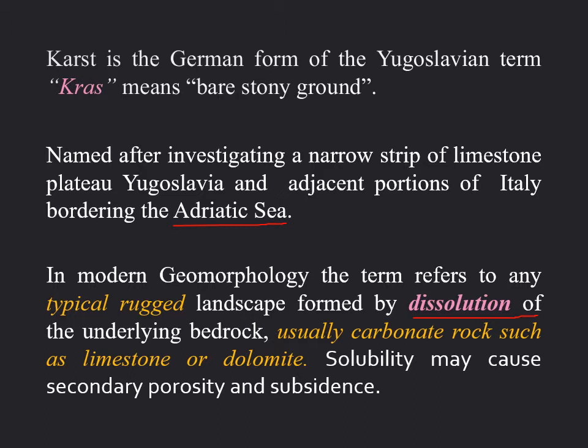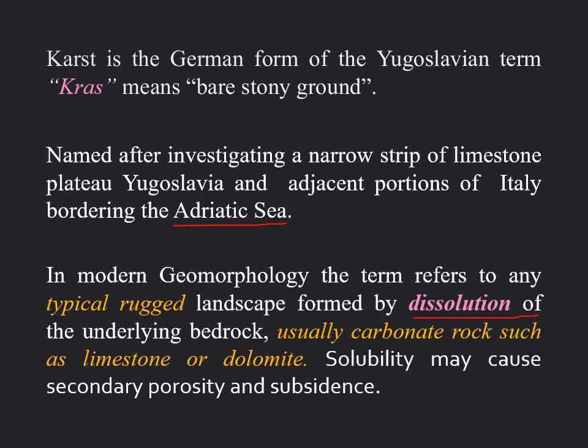But apart from carbonates, in silicate rocks like quartzite or others, karst landforms also occur. But in the case of silicate rocks, the formation of karst landscape requires a vast amount of time, millions of years.